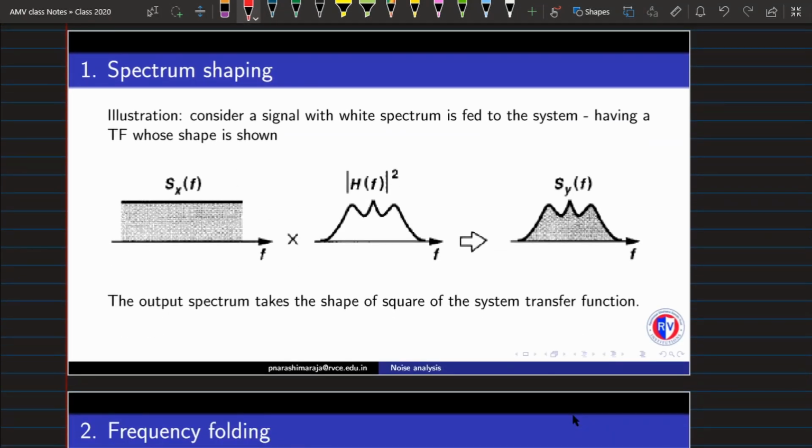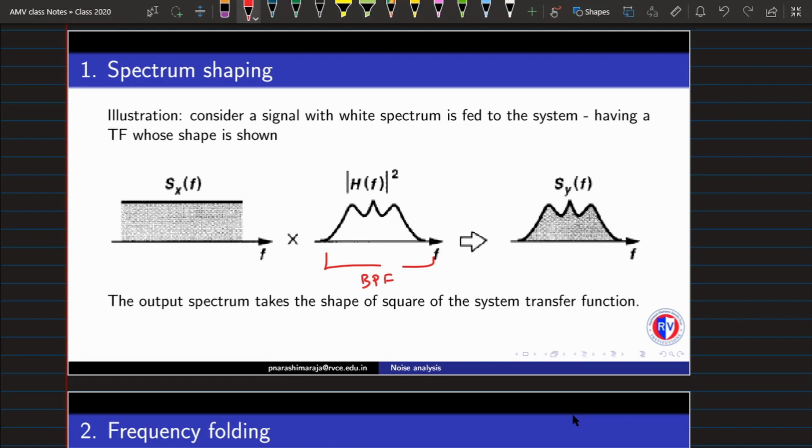Let us consider that we have a white spectrum across the signal X, which has been fed to a system having a transfer function which looks something like a weird shape here. Now this could be a kind of bandpass filter that we have as a transfer function for our LTI system.